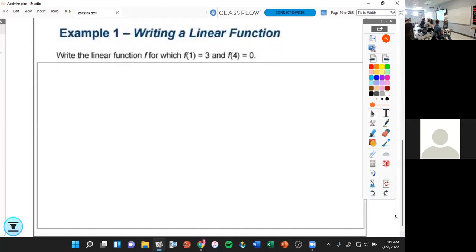Write the linear function for which f of 1 equals 3 and f of 4 equals 0. Okay. So I want this equation. What have they given me? 2 points. What are the 2 points?